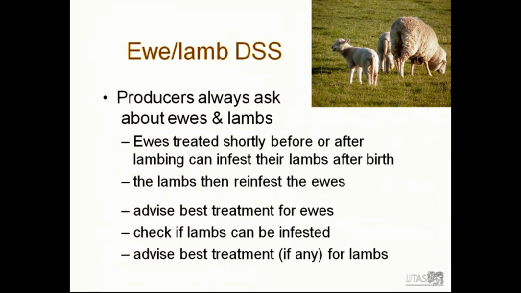So if ewes are treated shortly before lambing, then there can still be live lice on the sheep when the ewes lamb. They transfer to the lambs, all the lice on the ewes die off, but 3 months later the lamb's still running around there and transferring live lice back to the ewes. So transfers between ewes and lambs are a serious problem.